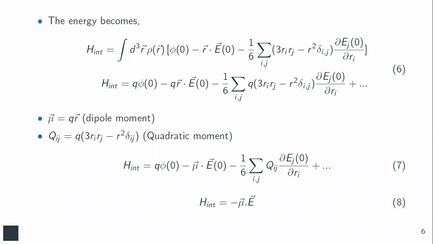But for simplicity and for most of the cases that are of experimental interest, we usually take the second term into consideration, as this is the dipole interaction with the electric field.